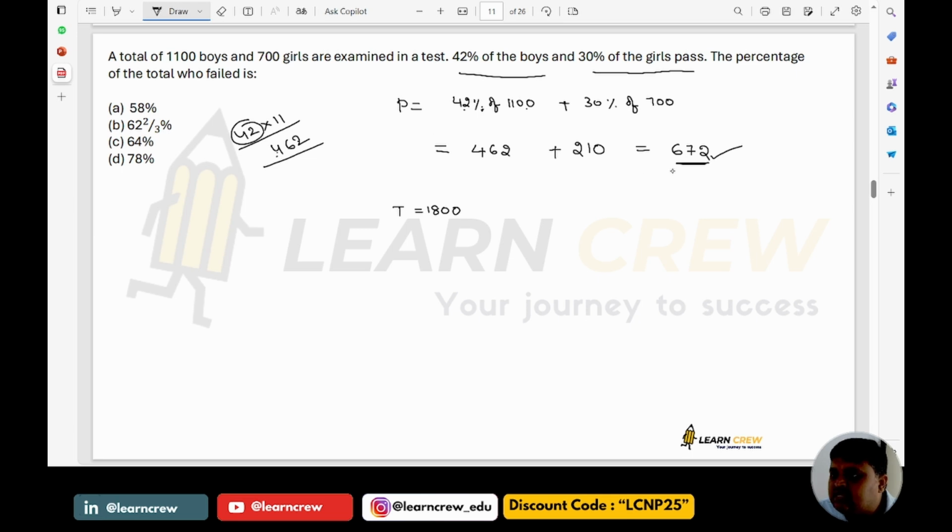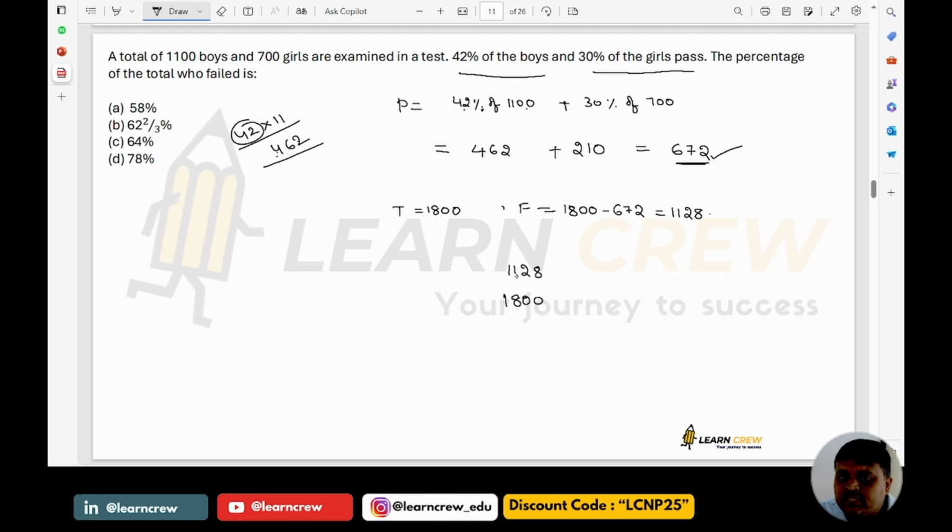And passed are 672. So failed are how much? 1800 minus 672, which is 1128. Now the percentage of the total who failed. Out of the total, 1128 candidates have failed.